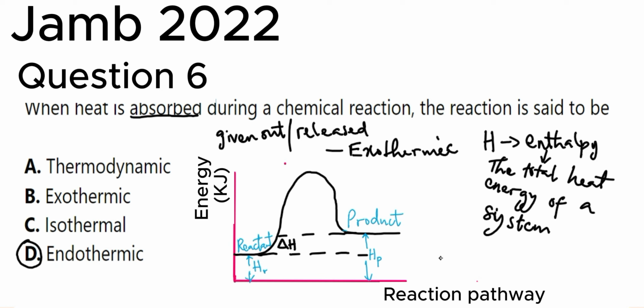And the delta H, that is change in enthalpy, is equal to the enthalpy of the products, can we see the enthalpy of the product there, minus the enthalpy of the reactants. That's the change in enthalpy. And the enthalpy of product is more than the enthalpy of the reactant, as we are seeing there. So the delta H, change in enthalpy, will be greater than 0. That is, it is positive.